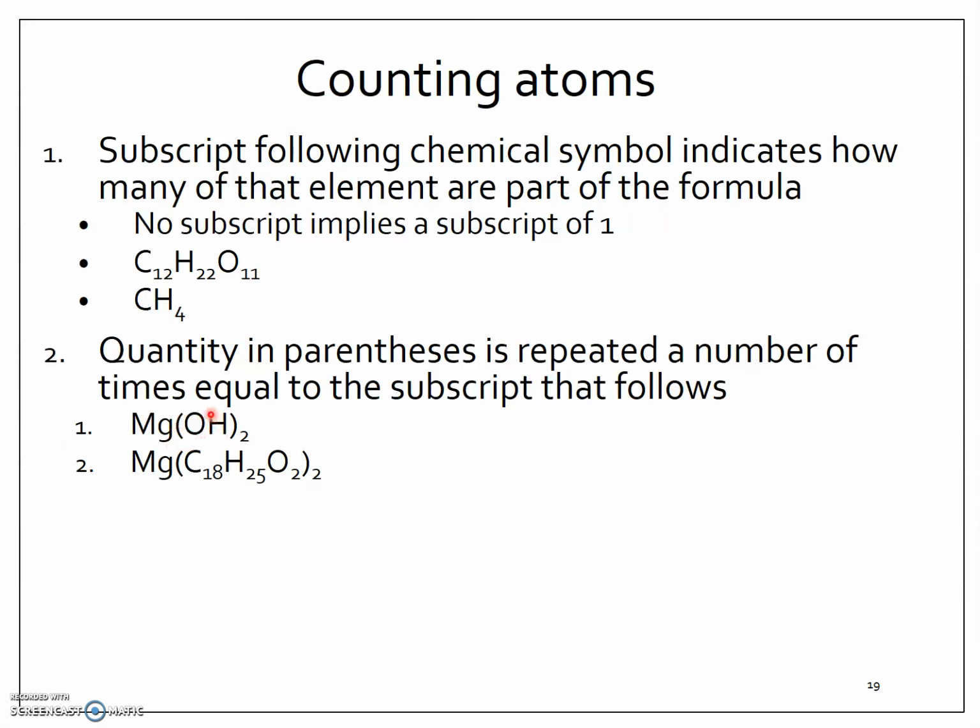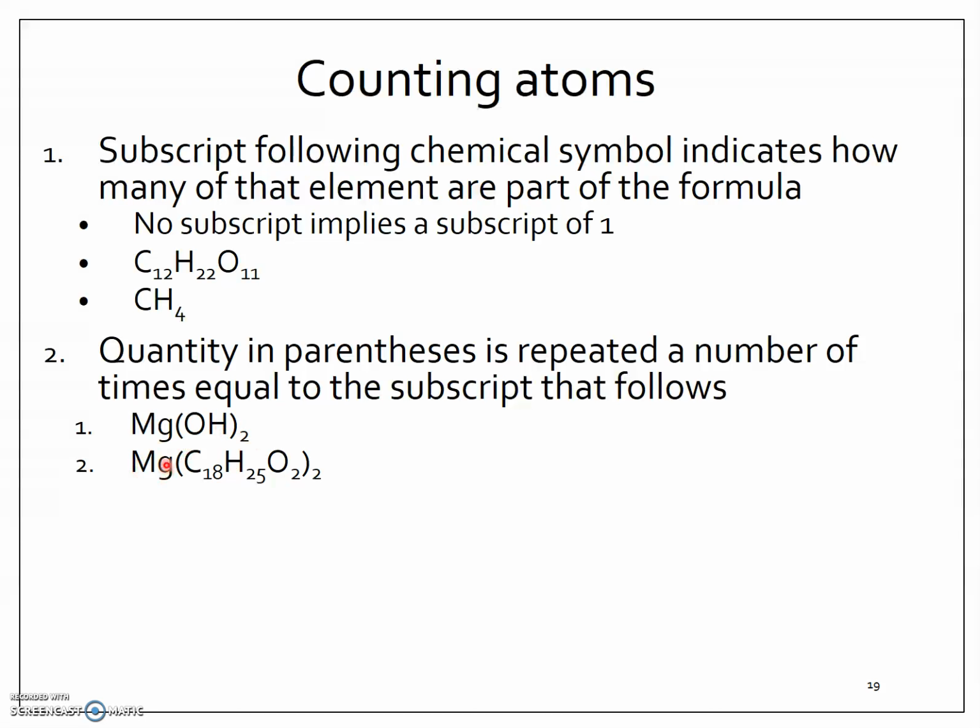However, inside the parentheses, you see there is an oxygen and a hydrogen. With the parentheses, you see that there's a subscript 2. This 2, just like you would do in math, is multiplied for both elements. So there's 2 oxygens and 2 hydrogens.